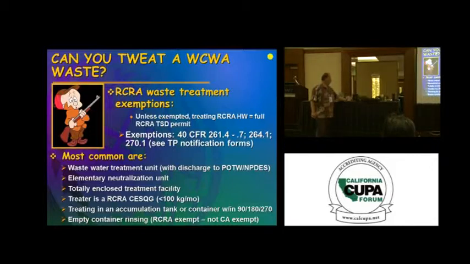So then you are allowed to do treatment under California rules. And then treating in an accumulation tank or container within the allowable accumulation times of the 90, 180, 270. That's like the phase separation in a tank, and then you separate out the two.